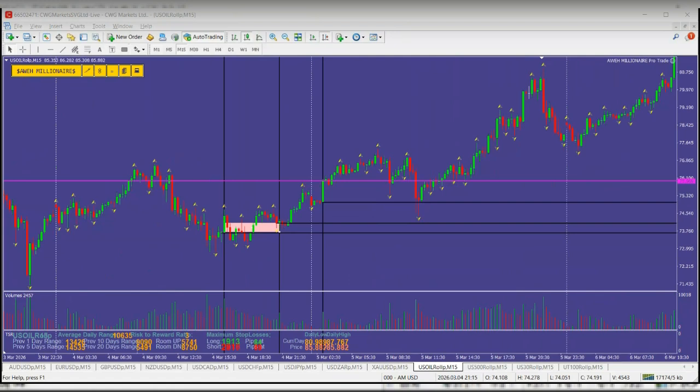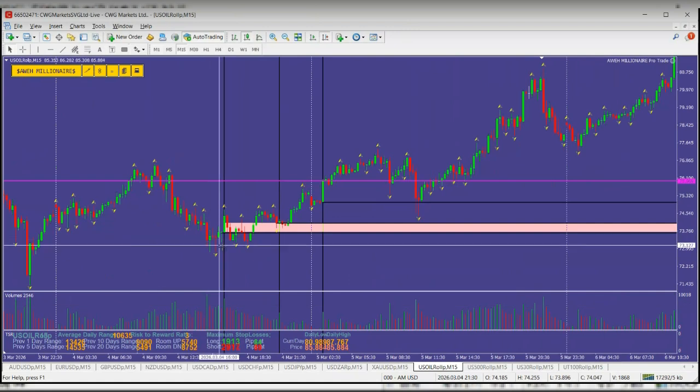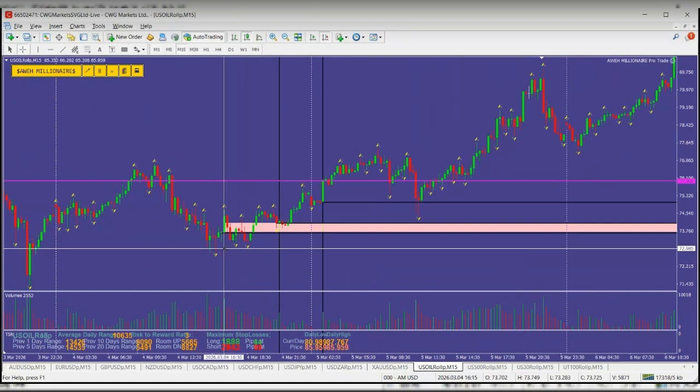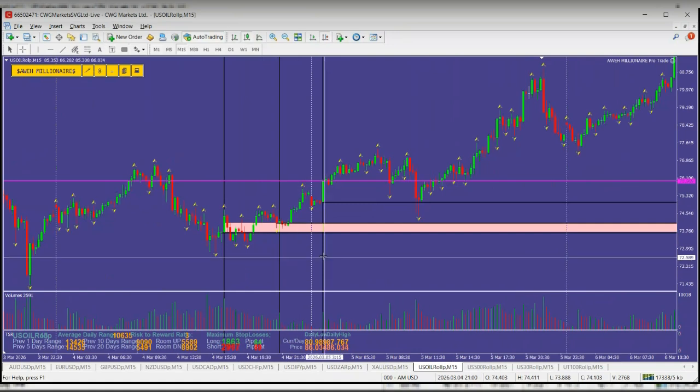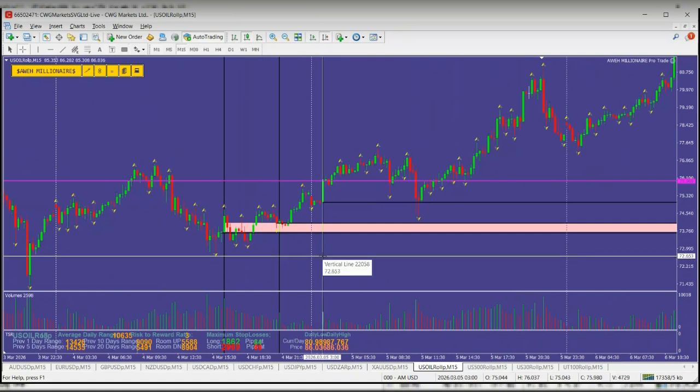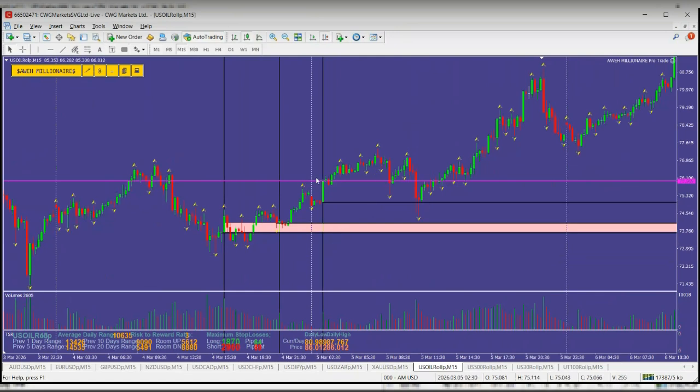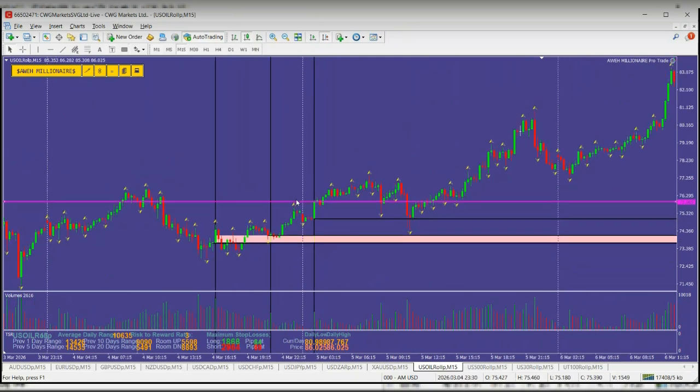And these will be levels of demand where price pushed up with high volume. So we've got a level here from March the 4th, another level here from March the 4th, this one here from March 5, all levels of demand where price pushed up with high volume.